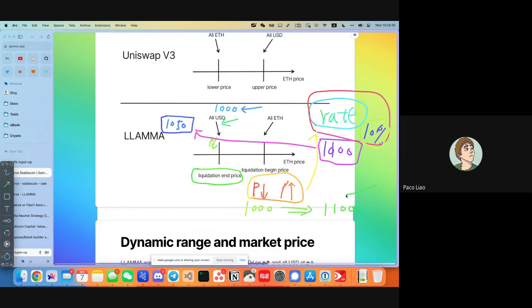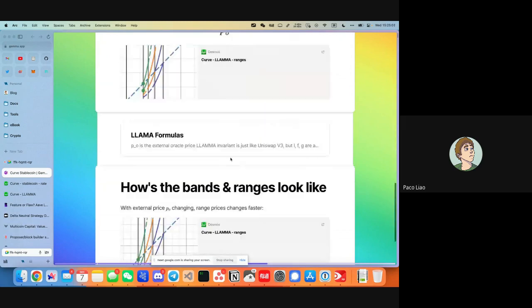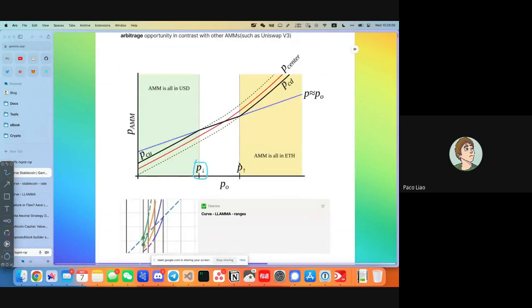So if the price hits this price, your collateral will be fully converted to USD, and you may get, let's say for example, 1,150 USD. So they can ensure that the USD amount will be greater than your debt. So there will be less risk for the protocol. So actually the P down and P up also increase with the borrowing rate to ensure the risk is lower for the protocol.